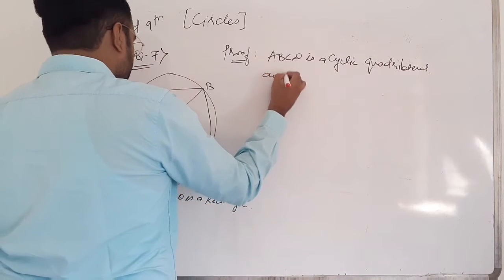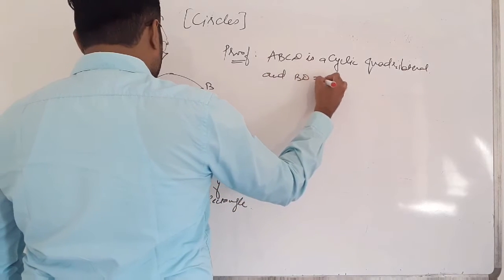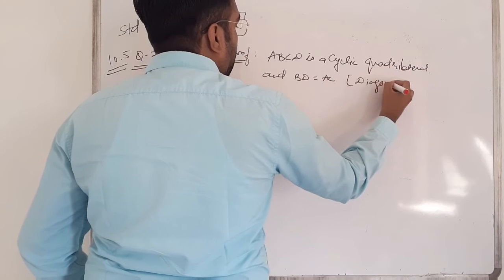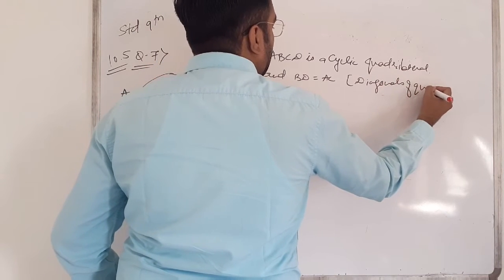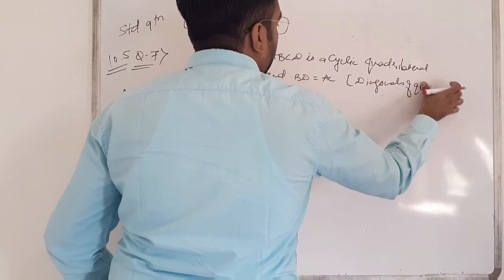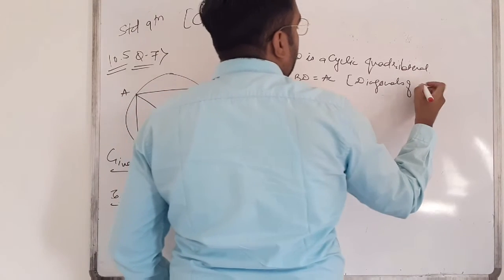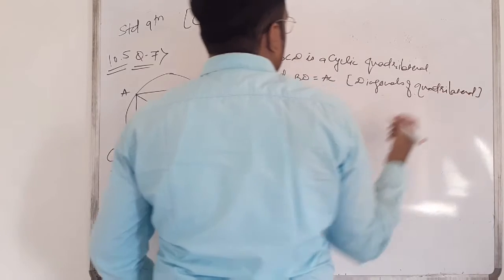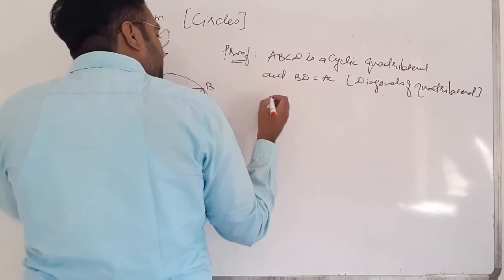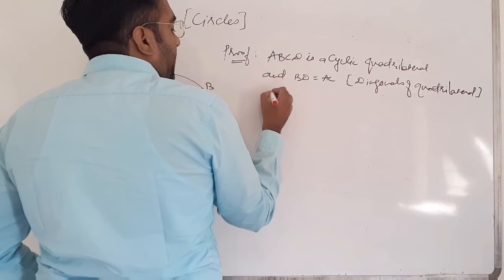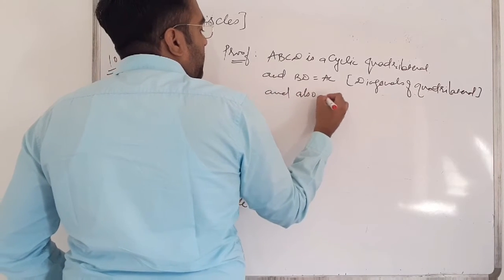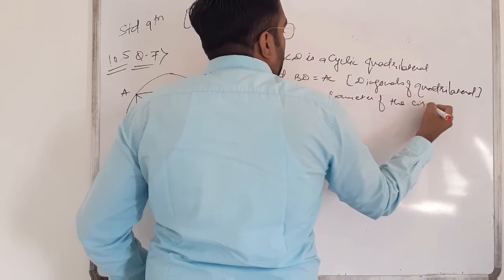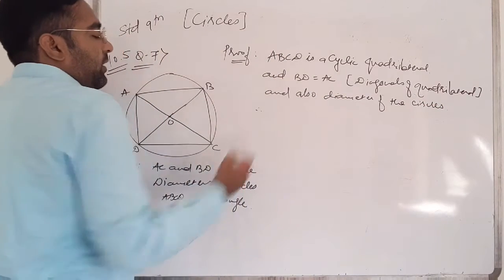And BD is equal to AC, that are the diagonals of the quadrilateral, and they are also the diameters of the circle.